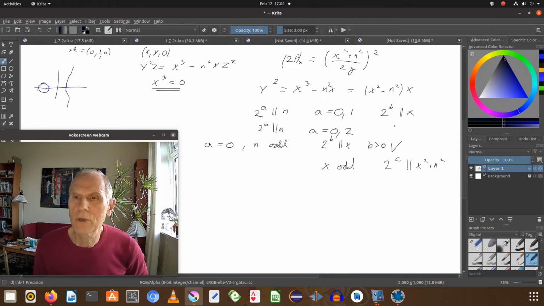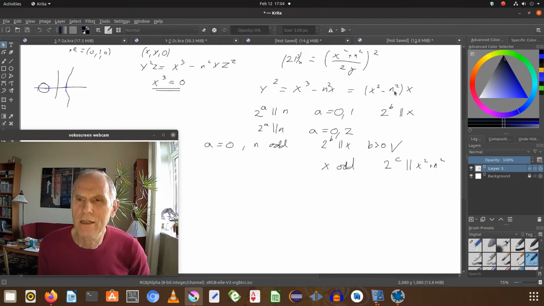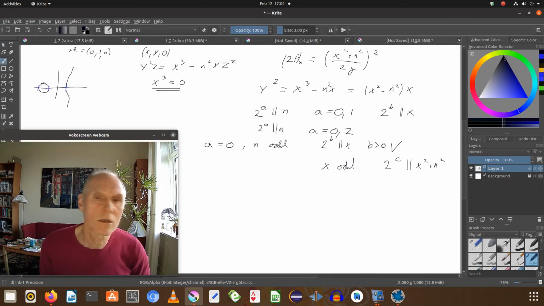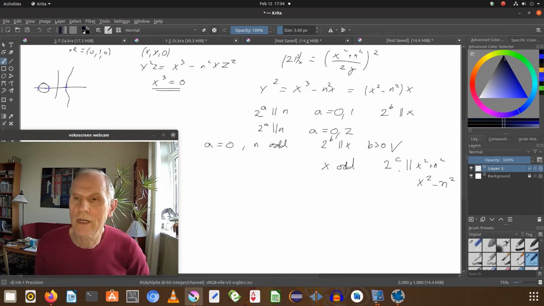Oh, how much will we have of y here? Because that's x. So if we subtract 2n squared, then we have subtracted 2n squared, and n is odd, so that has 2 to the first power.